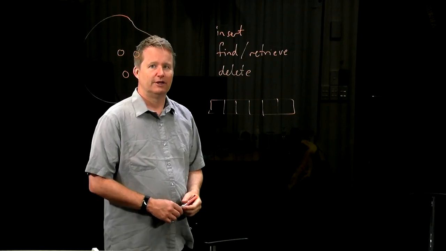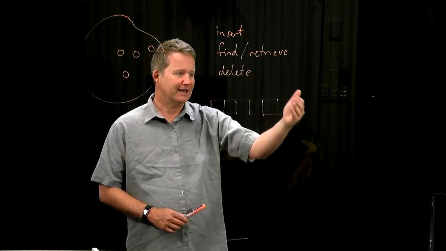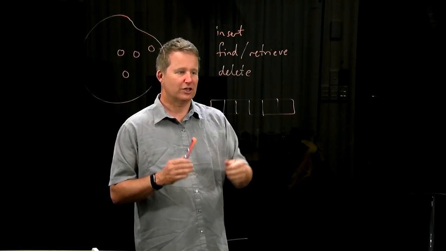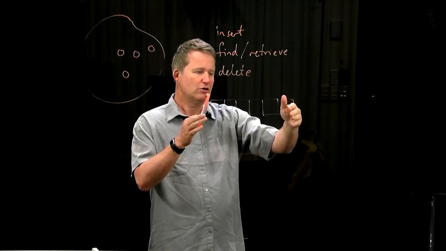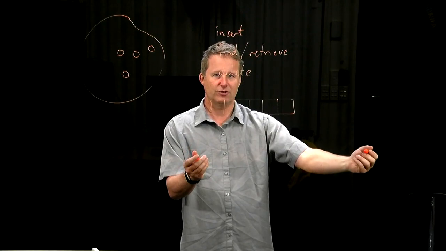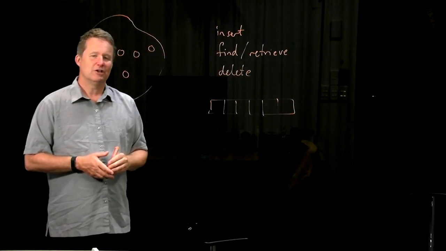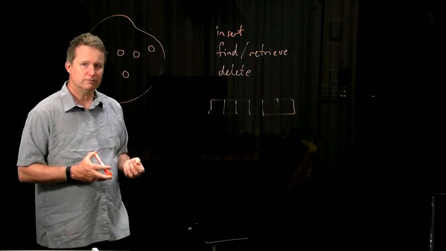Insertion is easy. I just stick it at the end. Of course, whenever you have an array-based list and you keep inserting, eventually you make it full. At some point you'll have to resize and copy everything to a different array. It turns out if you do that cleverly, you can make the average amount of time for doing that very small.